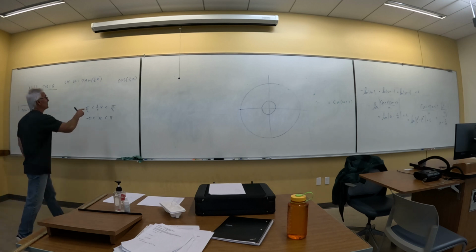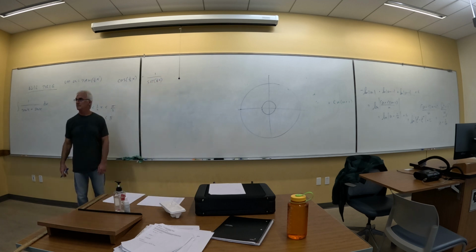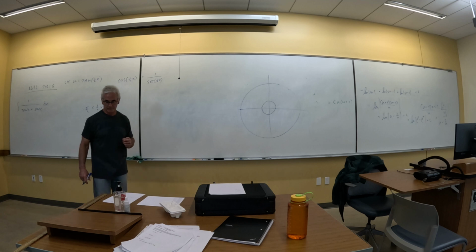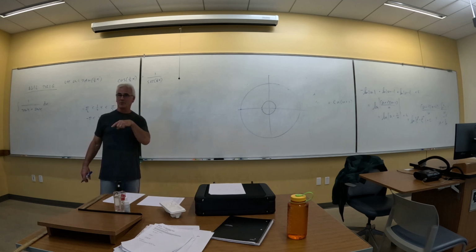So with that substitution, well, I know this is true. Secant squared is what? Secant squared is 1 plus tan squared.